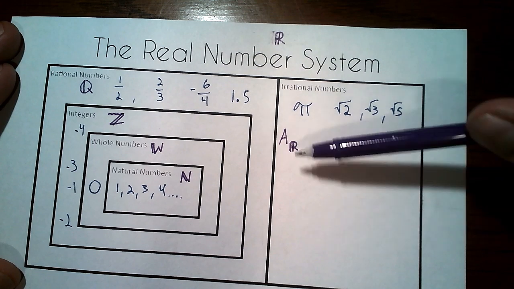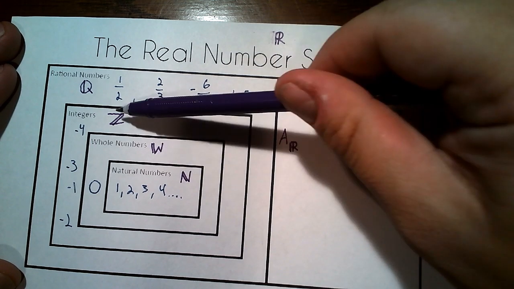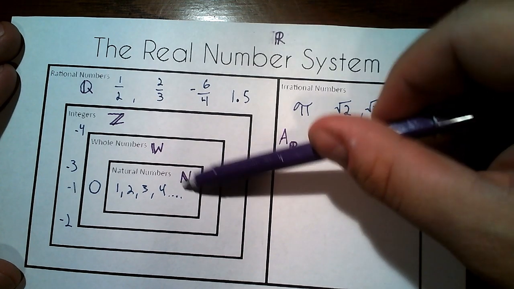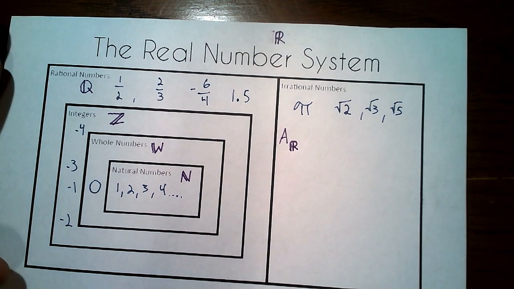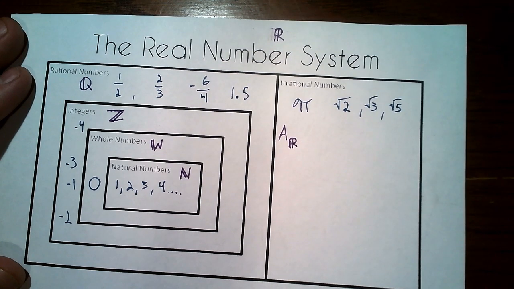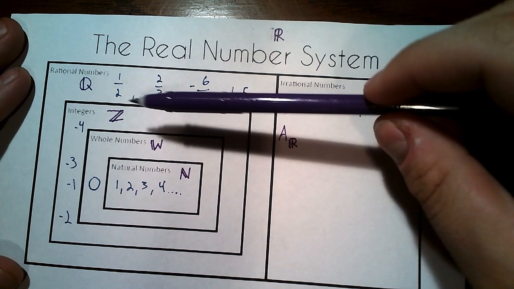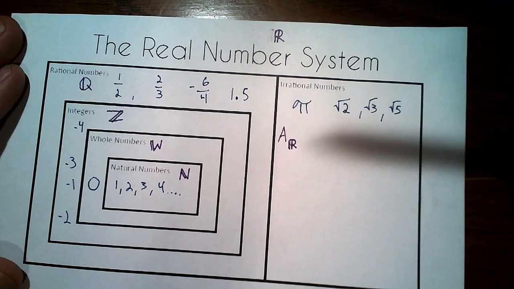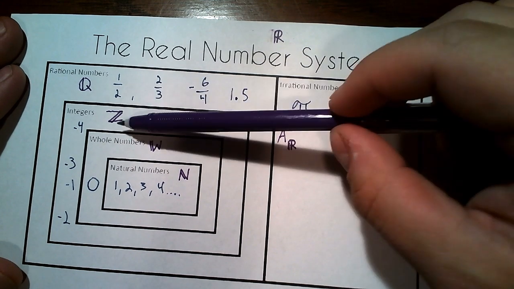So it's important to have these symbols learned so that when we talk about ranges of solutions, you can say, oh, well, x is 3, that's a natural number, or x can be any integer. So we don't have to say integer, we can use this symbol. And that's going to be important.